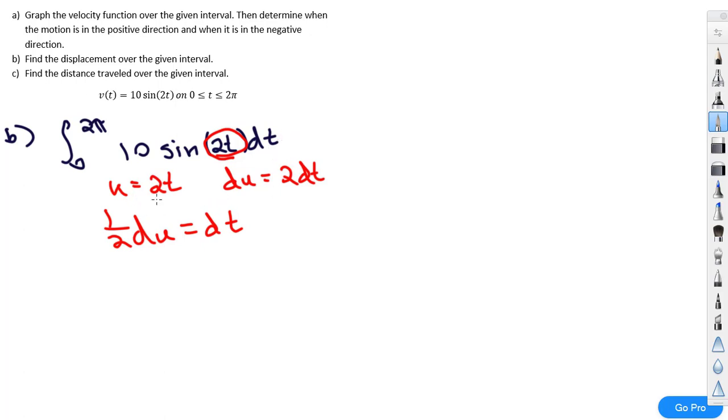Remember, when I'm doing u substitution, I can also change my bounds. So this is going to become from 0 to, and if I plug in 2 pi for t here, my upper bound is going to be 4 pi. So that's going to be 10 sine of u du, and don't forget I have that 1/2.